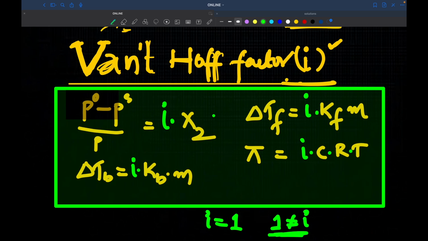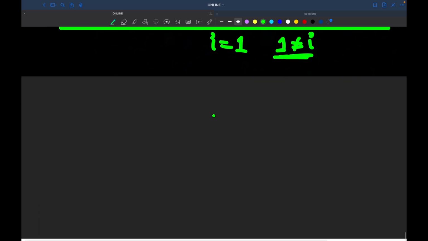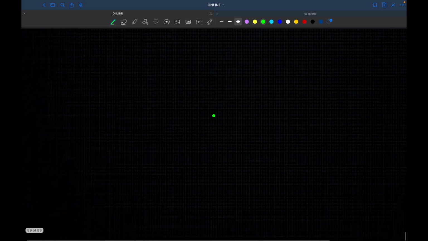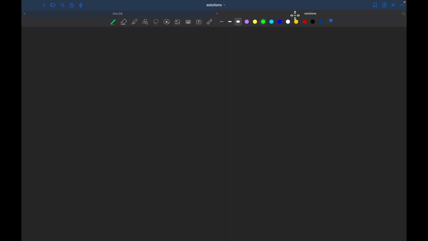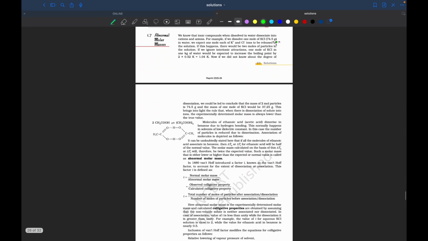So in a molecule, if association or dissociation takes place, we have to use the Van 't Hoff factor and correct it by this. So how exactly do we do it? We will also see that. To calculate the Van 't Hoff factor, we have formulas. The i factor can be calculated by 3 methods. They are here, look.